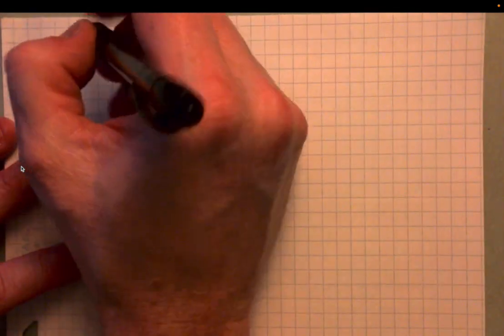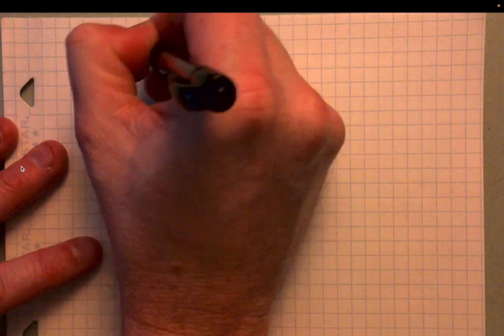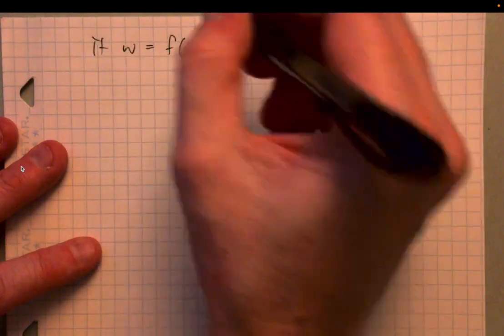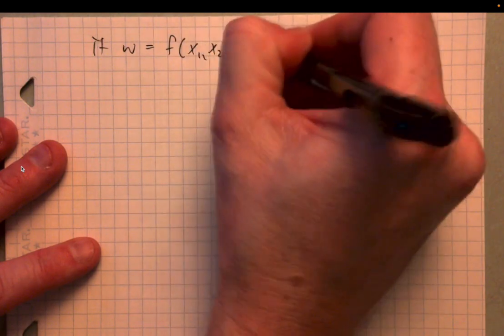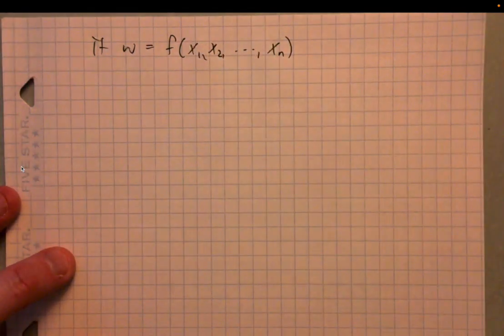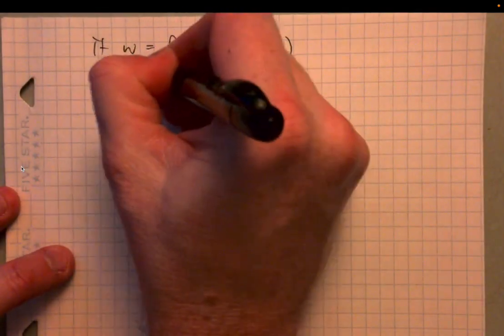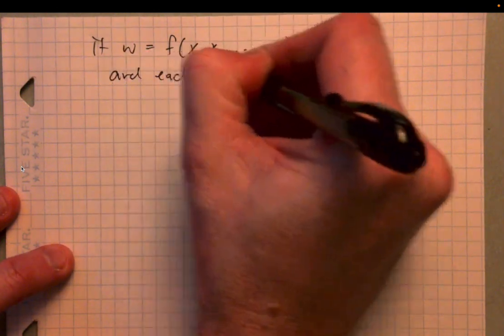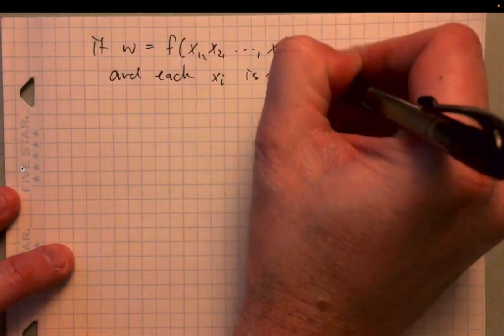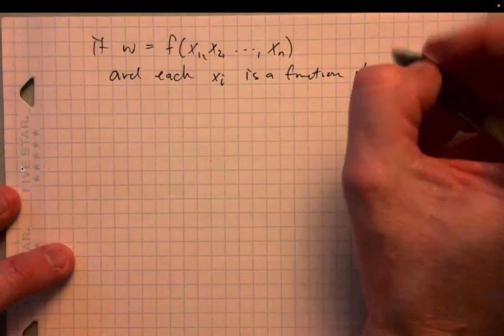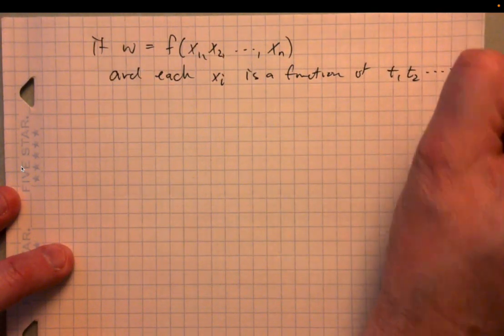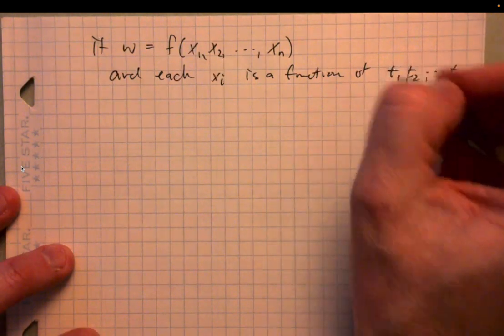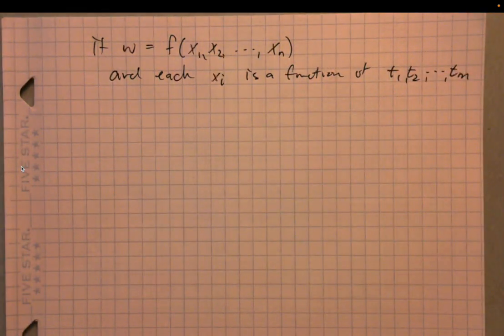So let's say w is equal to some function of x1, x2, dot dot dot, xn, right? And each xi is a function of t1, t2 through tm, then the chain rule would work the same as what we just saw, right?